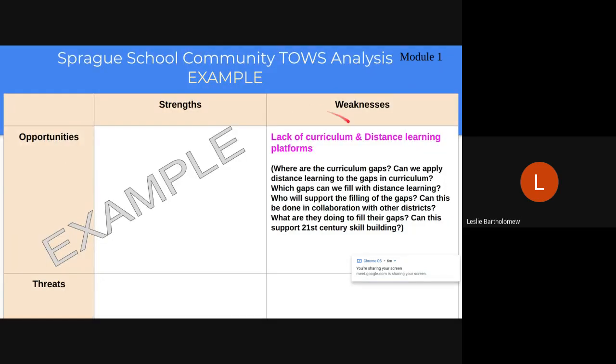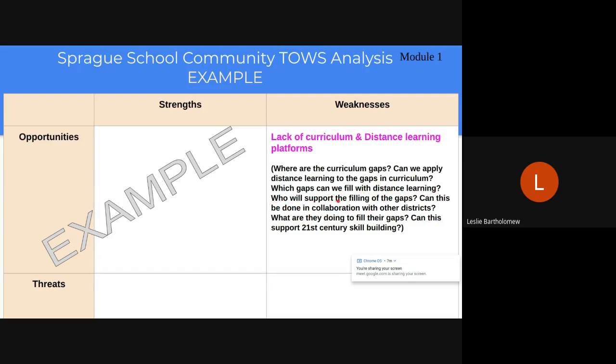So I ended up putting lack of curriculum as the weakness, and distance learning platforms as the opportunity in my TOWS analysis. And so I start thinking, what are the curriculum gaps? Of course, you folks will know these things better than I will. Could we apply the distance learning to these gaps in curriculum? And which gaps are best to fill with distance learning? Because I'm sure maybe all are not.